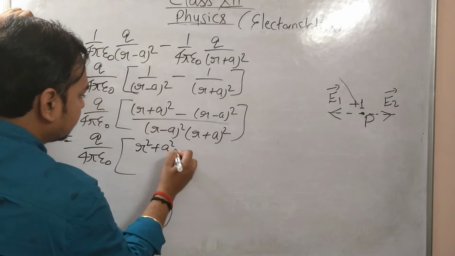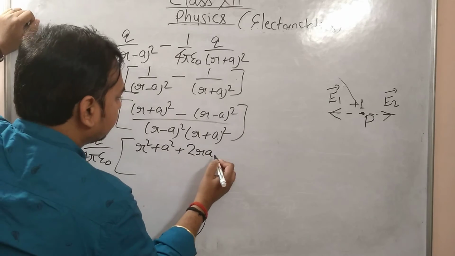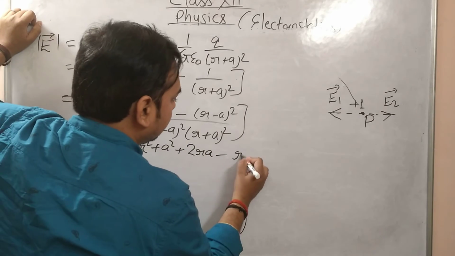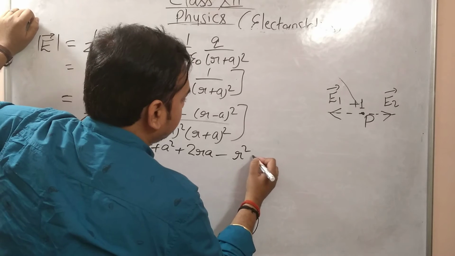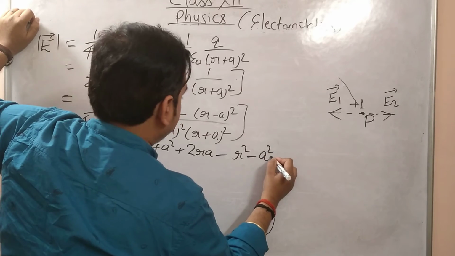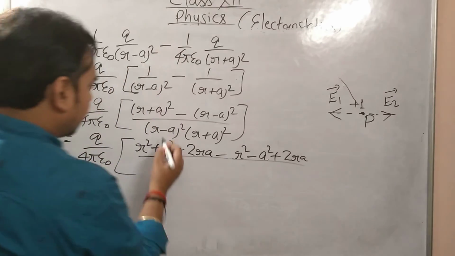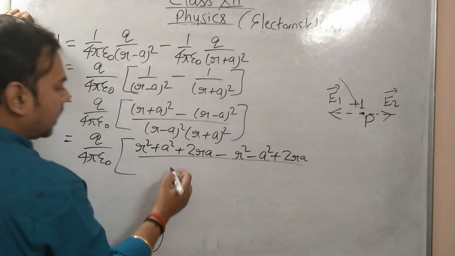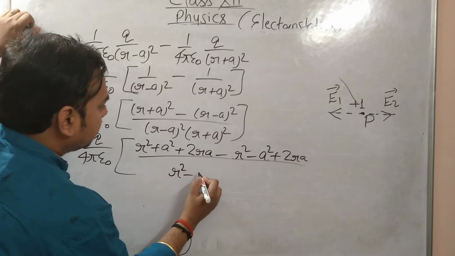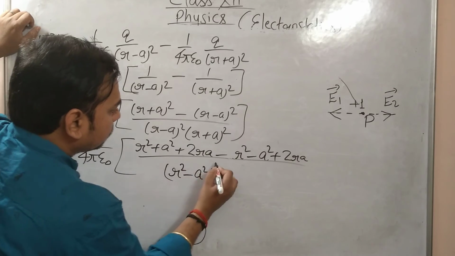a square, b square, 2ab, and here a square minus b square whole square.